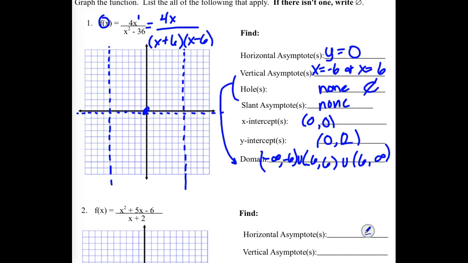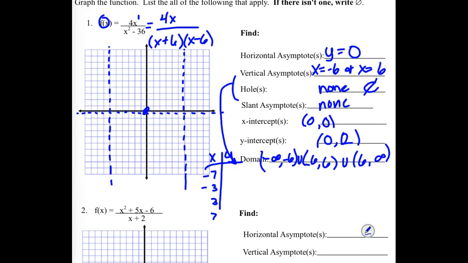Let's say we pick -7. I also need some points in between my two vertical asymptotes, and since they're so far apart, I want to find a couple more points in there. So let's use -3 and +3. And then we need something to the right of +6. We can choose 7 or 8, something like that.